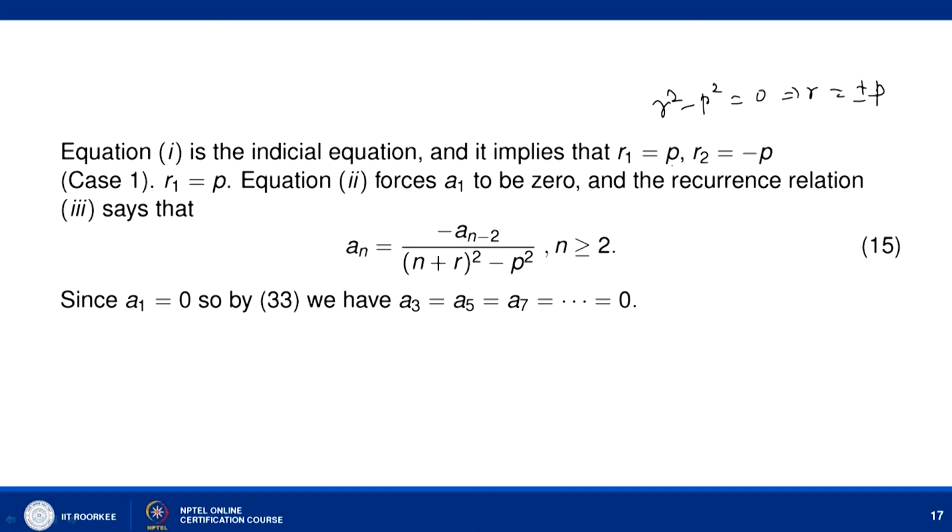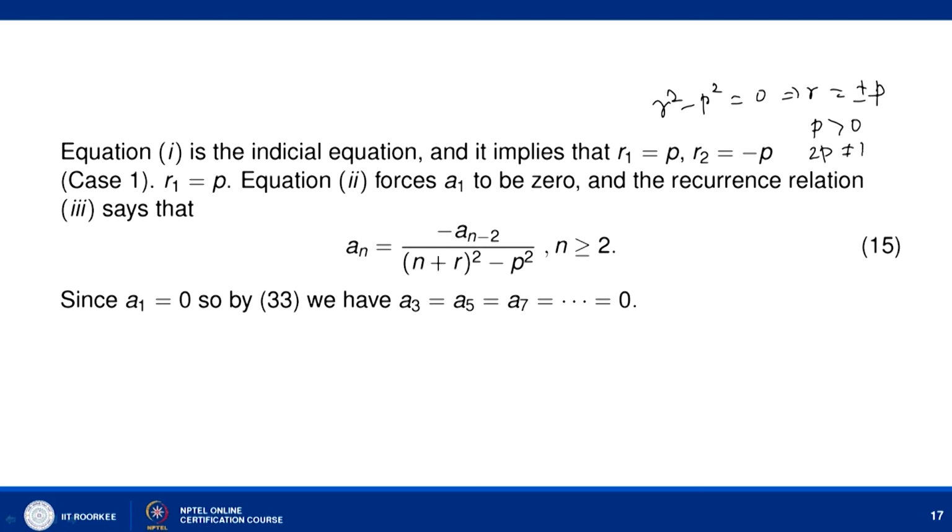So r1 is p and r2 equal to minus p, provided that p is greater than 0. This we are assuming, and also that 2p is not equal to 1. It means that the difference is not an integer here.